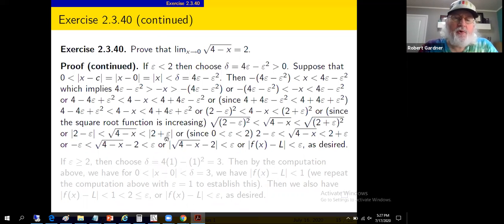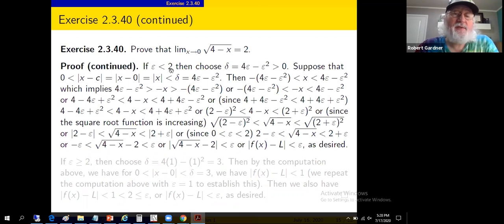I can't just ignore those absolute values unless I happen to know that the something is positive, and it is in this case. 2 plus epsilon, well, certainly that's positive because epsilon is positive. Whatever this is, it's bigger than 2, so it's certainly bigger than 0. 2 minus epsilon, remember we had the condition epsilon is less than 2. 2 minus epsilon then is positive if epsilon's that small.